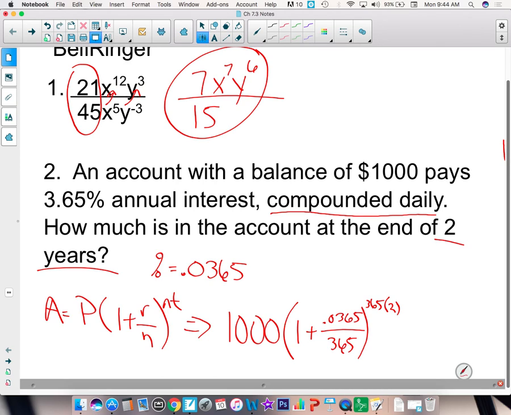All right, so plug that into your calculator, and you get $1,075.73. Remember that you should probably only round this to the hundredths place, because it's a dollar amount.